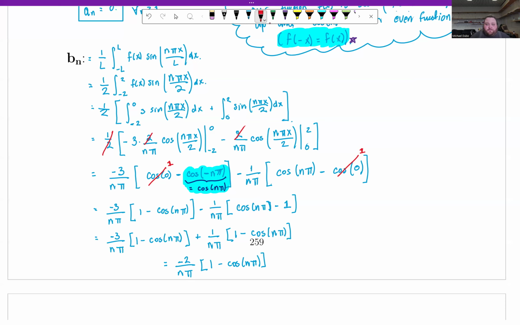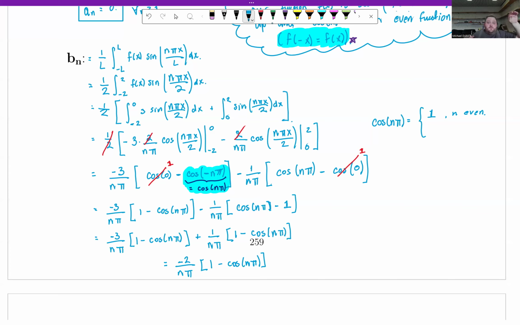Let's recall what's going on with our cos. So cos of n pi will equal, well, we have two values, right? If n is even, so 0, 2, 4, then this will have a height of 1. So if we plug in cos of 2 pi, it goes back to 1. 4 pi, back to 1, right?